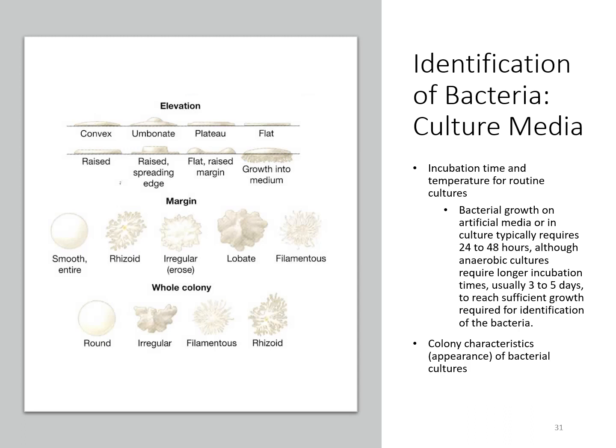So you may be looking at things like color. You may be looking at things like the shape of it. Is it round? Is it irregular shaped? You will look to see if it's raised or if it's convex. Is it flat? Or does it grow down into the media? So these are all different characteristics of the shape of how the colony appears.